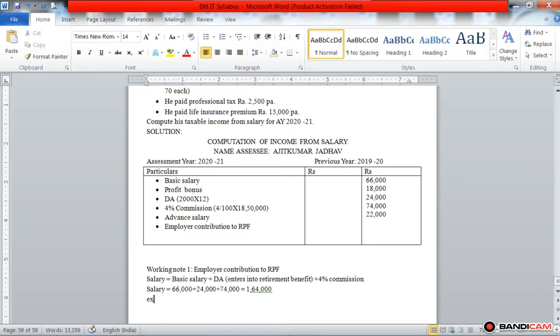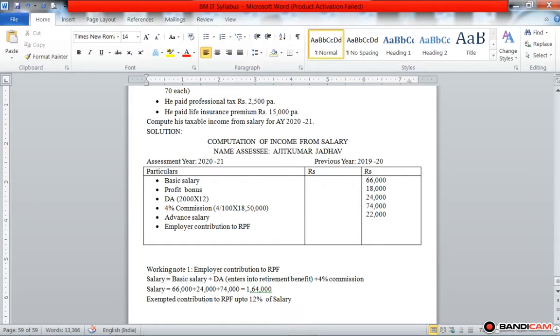Exempted contribution to RPF is up to 12% of salary.